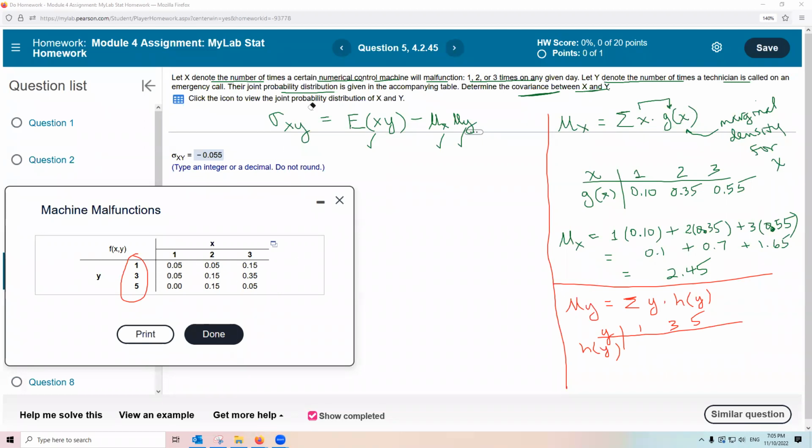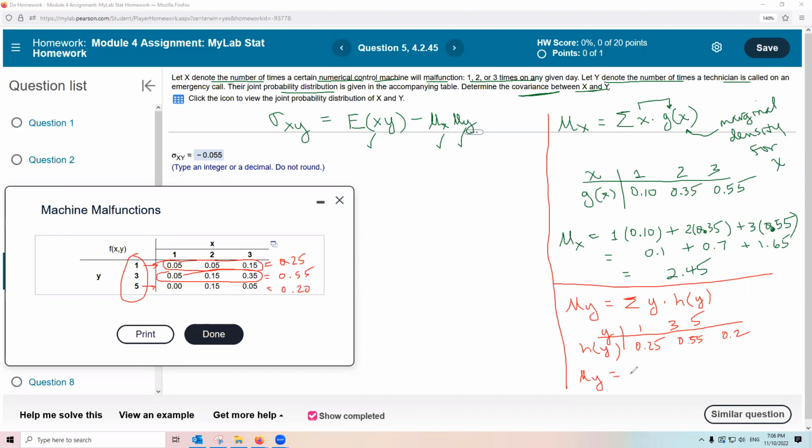So when Y is 1, I'm going to add up these values across the row, which is 0.25 here. And the second row, this is when Y is 3. I think that's 0.55 here. And the bottom row is when Y is 5. That looks to be 0.2. So we have these values then for h of y, and let's figure out the mean of y.